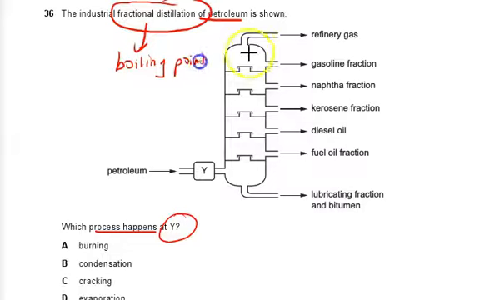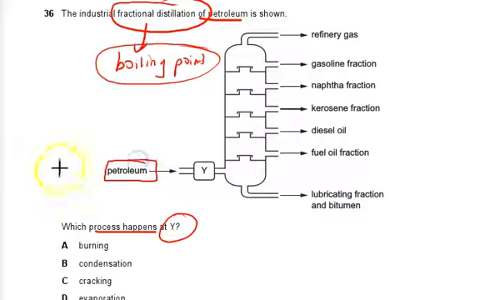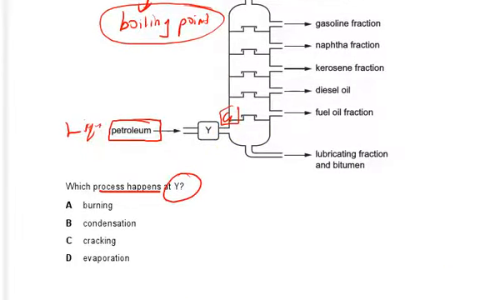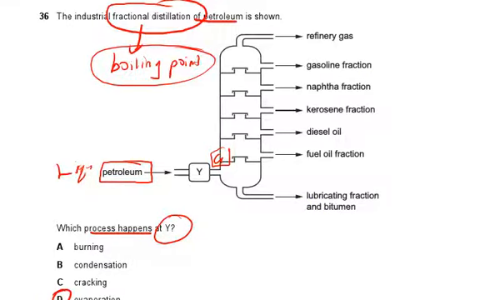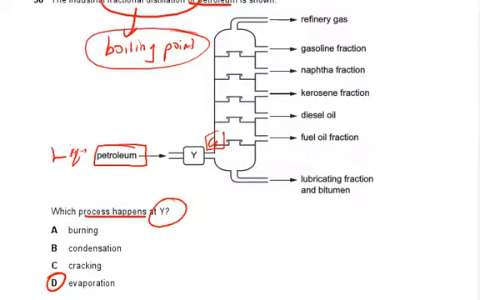They are separated due to their boiling points. Firstly, the petroleum will appear as a liquid, so you need to change it to gas at first. So here it should be evaporation as your best answer. They need to be evaporated first before being separated. So this is the answer for number 36, evaporation.